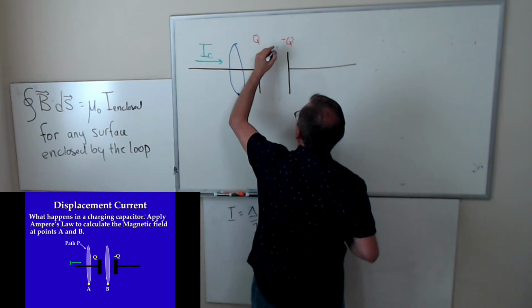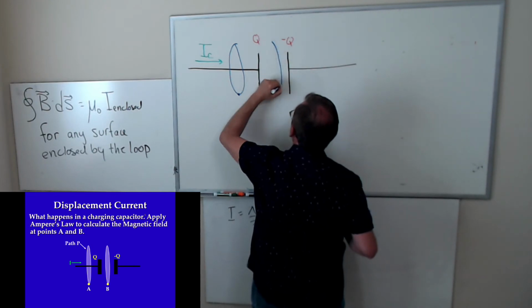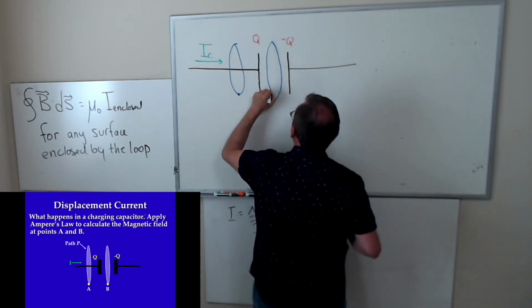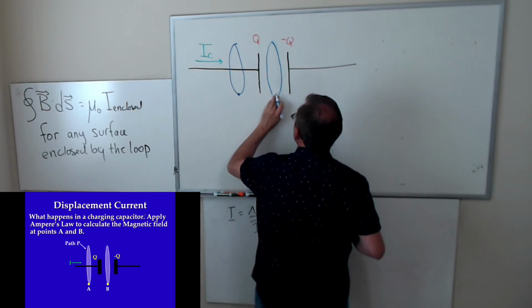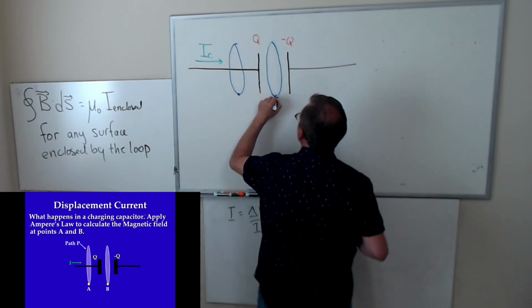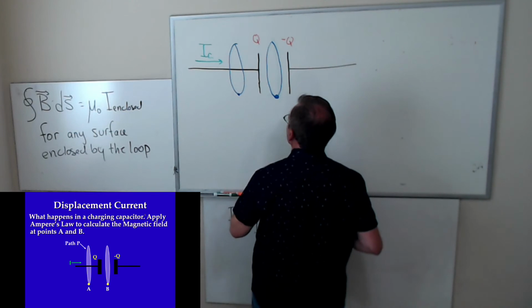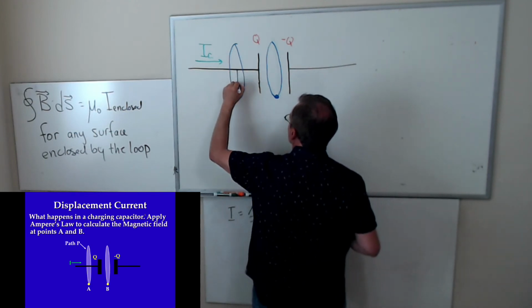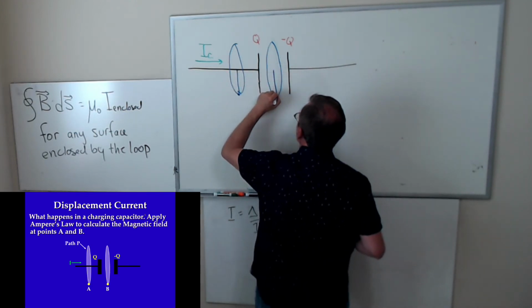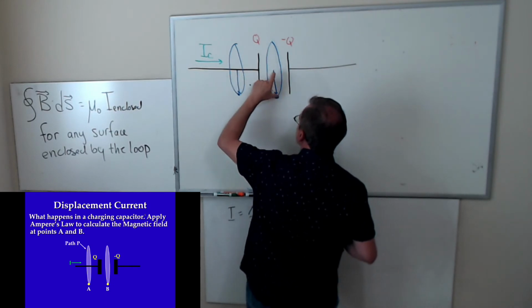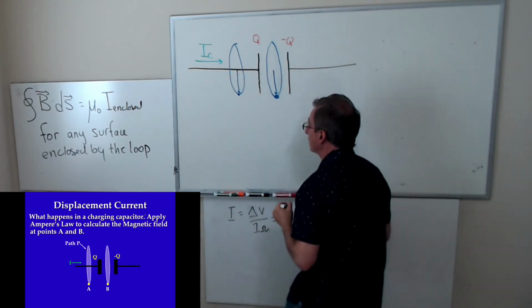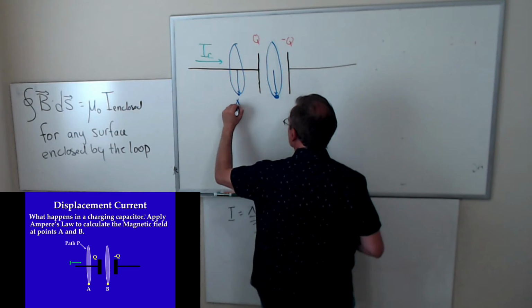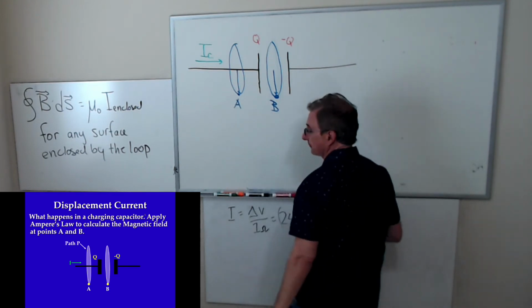Same distance away from the wire. Let's assume these distances are the same from the center of the wire. This is point A, and this is point B.